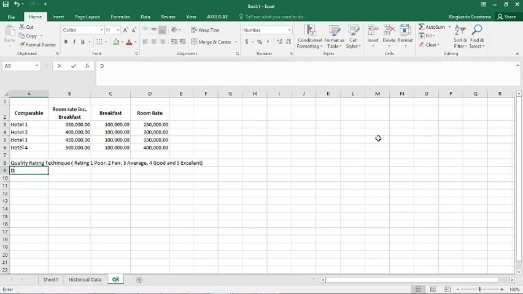So we get the data, we get the room rate. So the scoring will be for the location, for the operator quality, and also for the development quality and the development concept.